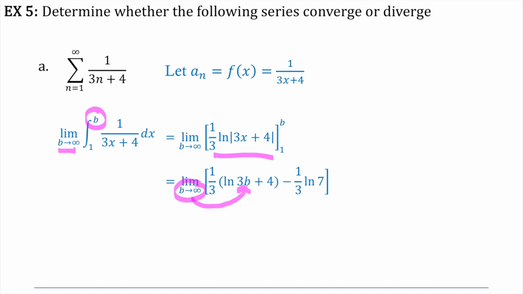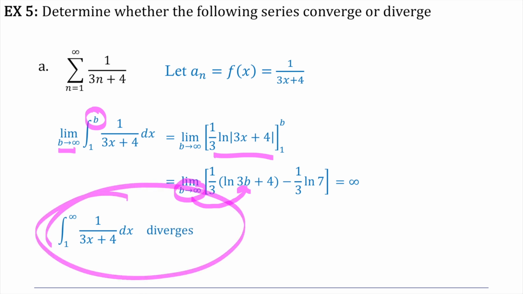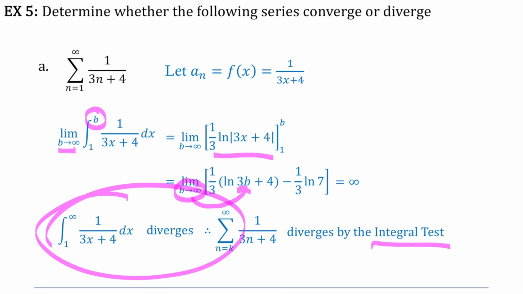So if that b is going to infinity, then that whole expression is going to infinity. So this integral diverges, therefore the infinite series also diverges by the integral test.